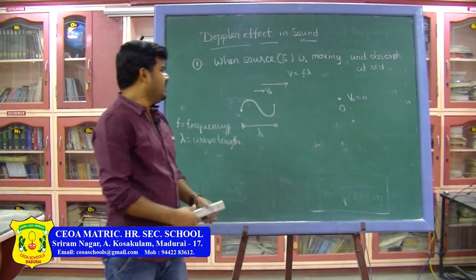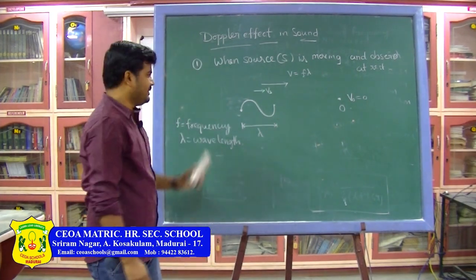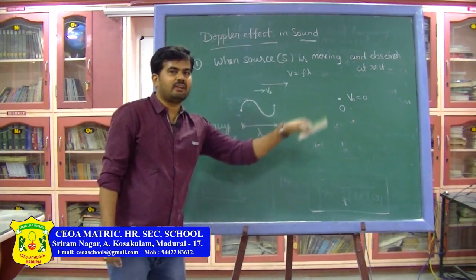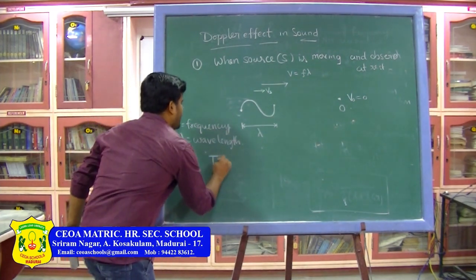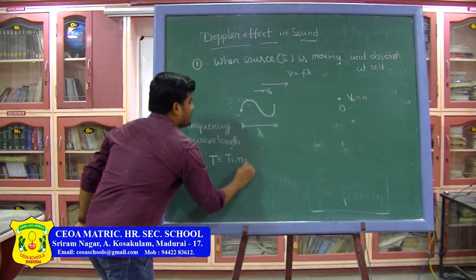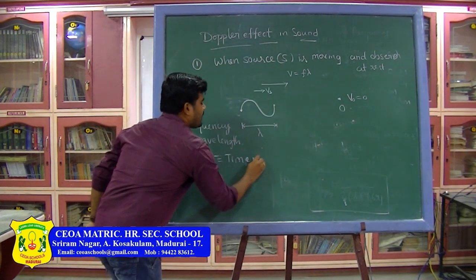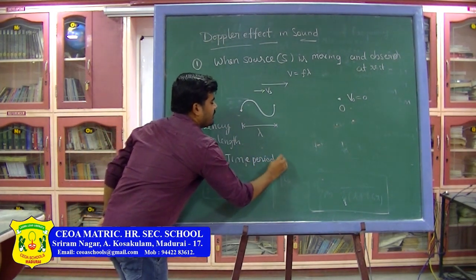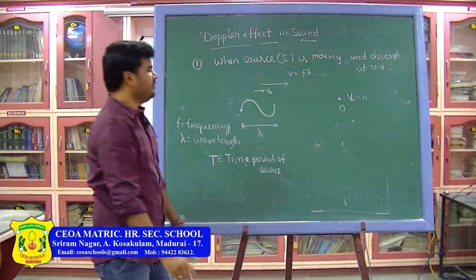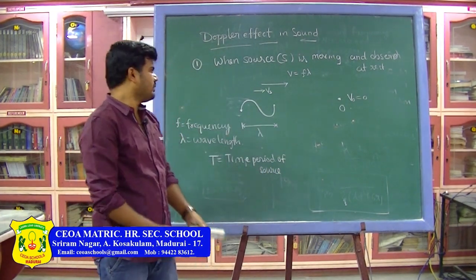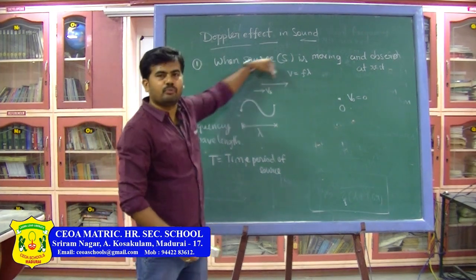Now, after releasing the first wave, we know that the time taken to release one wave, or the time taken for one oscillation, is called the time period. The capital T, time period of the source, is the time taken to release the first wave. After releasing the first wave, we know the source is moving.